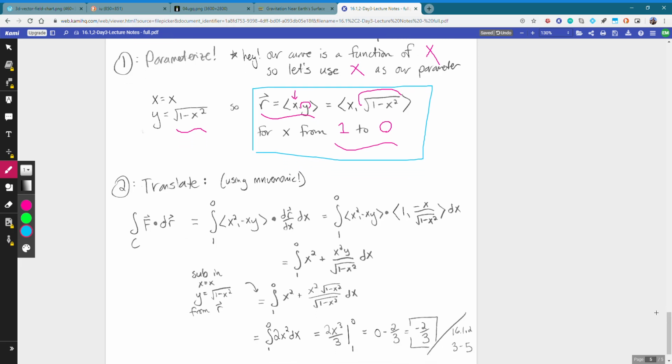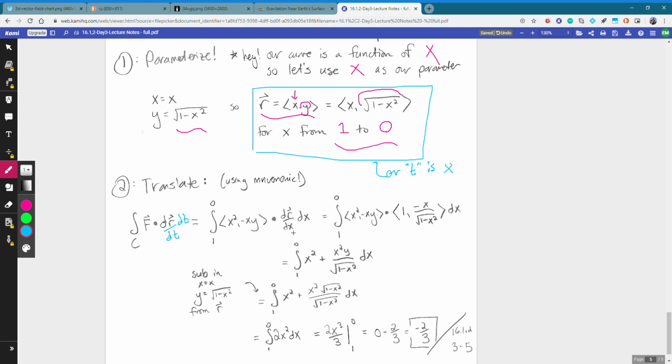And again, just using our mnemonic, multiply by 1 over dt. And so over here, we just need to remember what our t is. So we're thinking about x as our parameter, and that is our t.